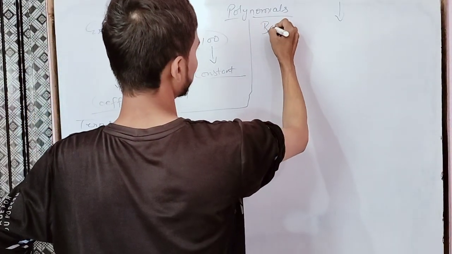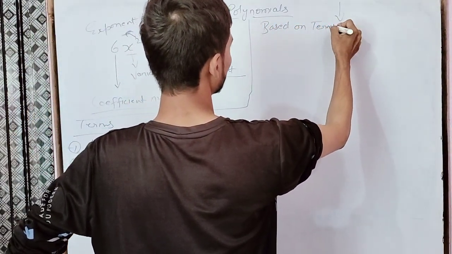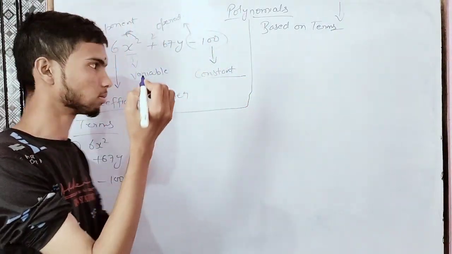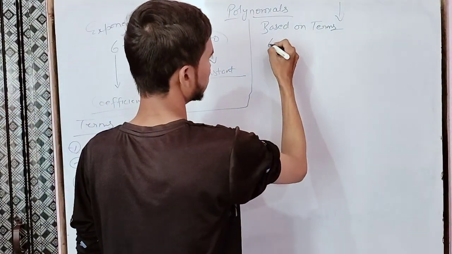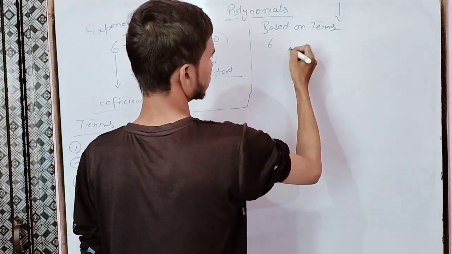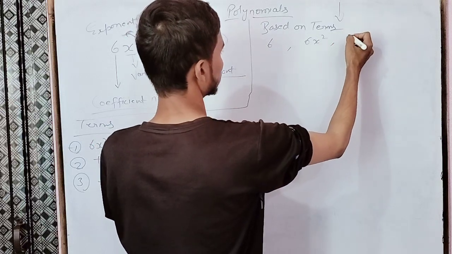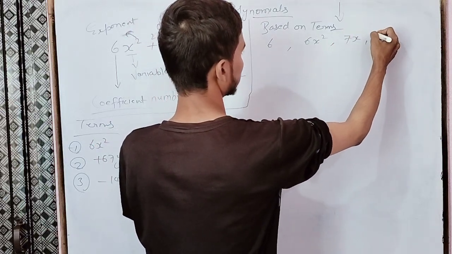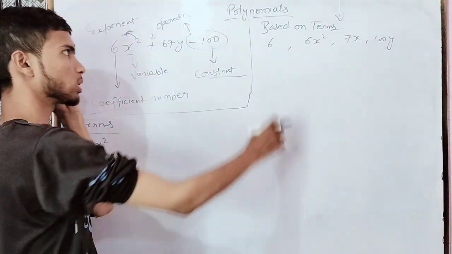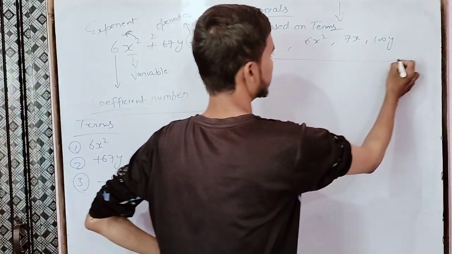So based on terms, if there is one term, for example 6x square, 7x, 100y, what is this? Monomial. All of these are monomials.